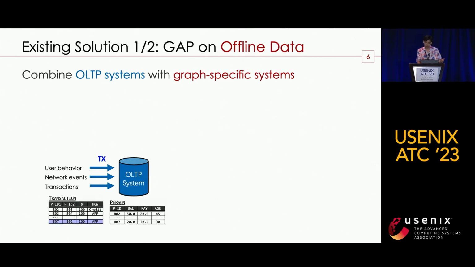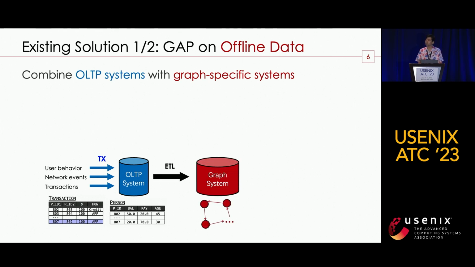To explain how this process works, the first step is to commit the data in the OLTP system by transactions. Next, you need to conduct an ETL process to transform the relational data into graph data and store it in a graph system. Once the ETL is done, you can submit the GAP queries to the graph systems.